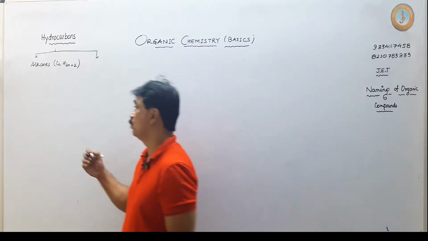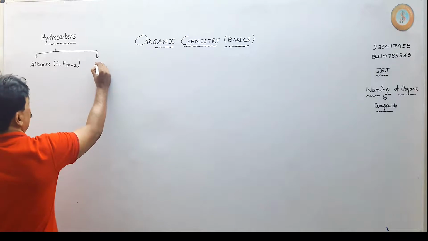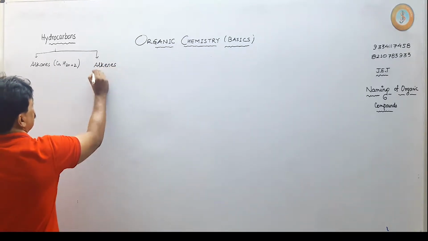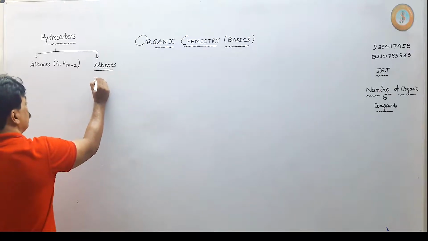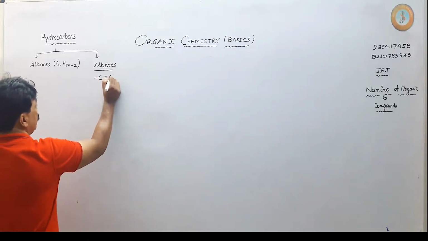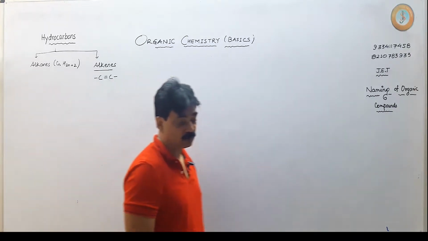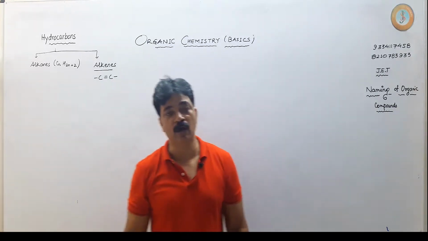So let us go ahead to the other part in which there will exist at least one double bond between successive carbon atoms, and we will go with the simplest double bonded hydrocarbon.